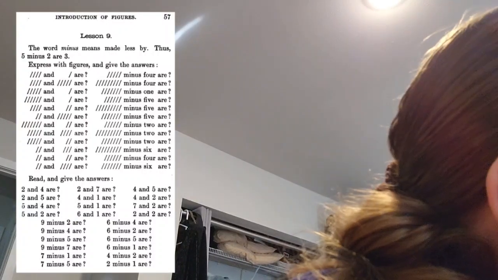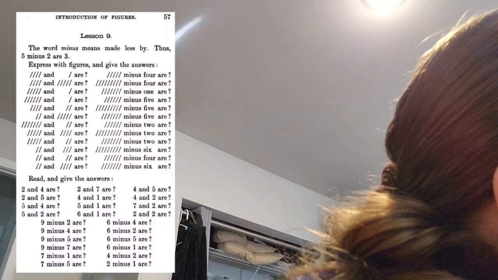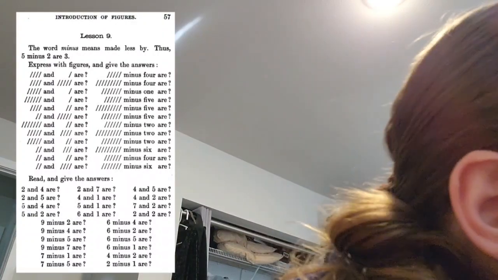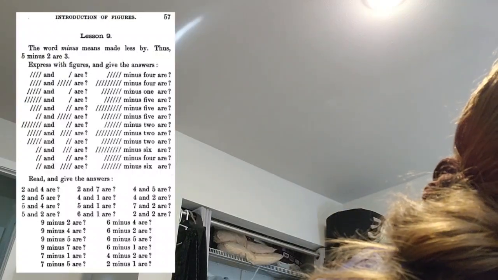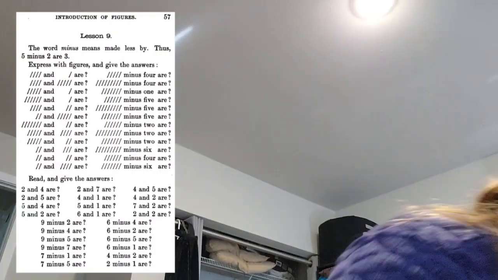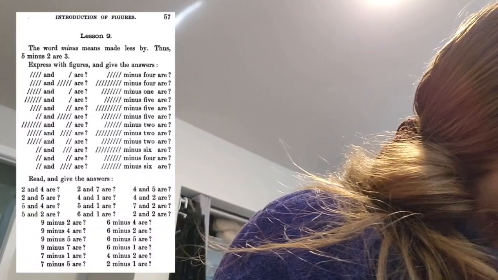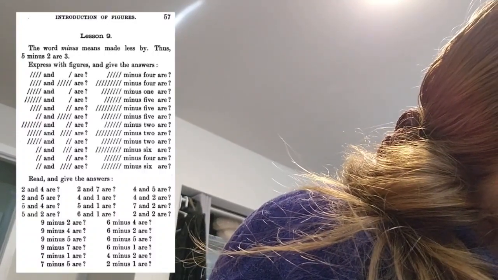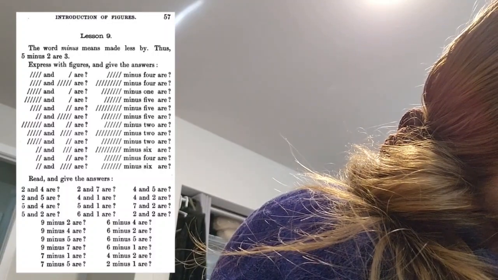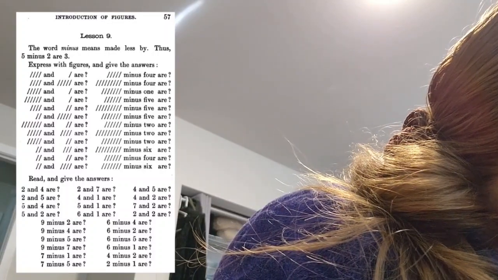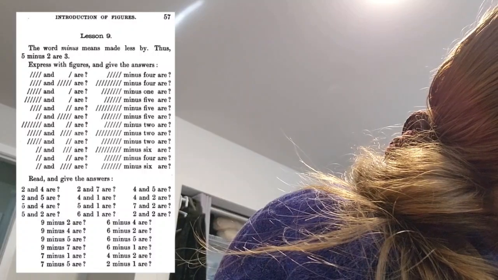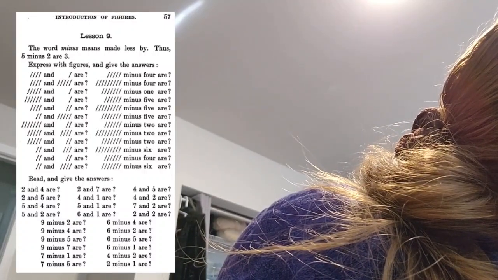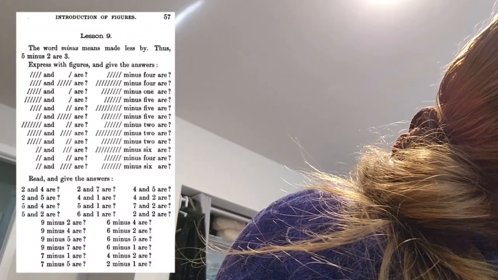Okay, the next one says, read and give the answers, which means I'll probably have to write all these out. Okay. Ooh, these look like they might go pretty quick. Okay, 2 and 4 are 6. 2 and 5 are 7. 2 and... No, that's 4. 5 and 4 are 9. 5 and 2 are 7.